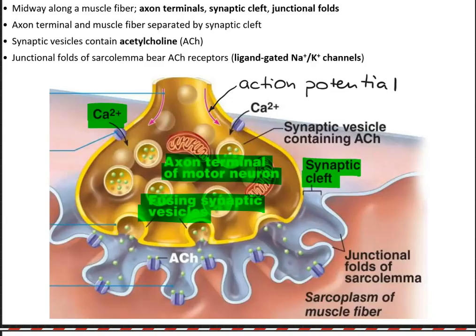The neurotransmitter that is released from those neurons is always acetylcholine.